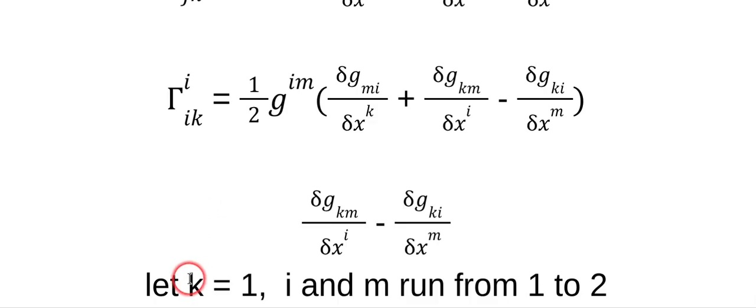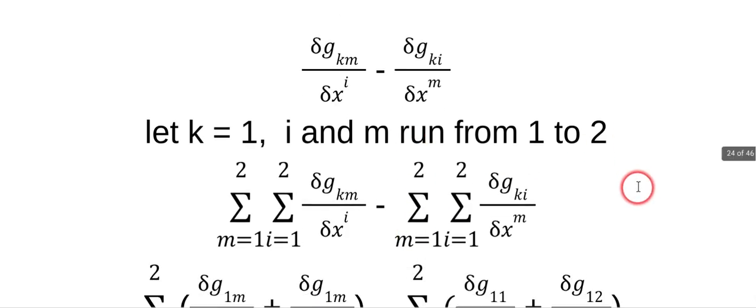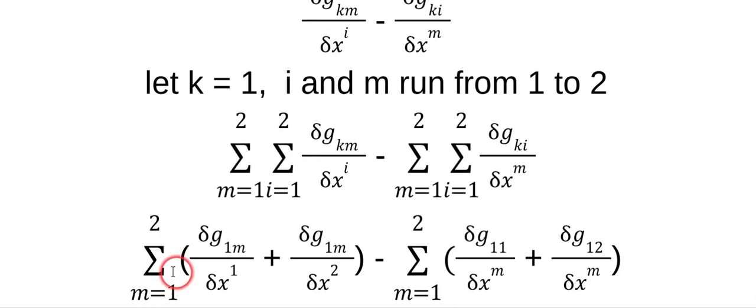Let k, which is our free index, equal 1, and we want i and m to run from 1 to 2, so we're just doing this in 2 dimensions. We're going to have a double sum that looks like this: we sum over i and then over m, minus the sum over i and over m. We'll sum over i first, so we put in our k, which is our free index. See it? 1, 1, 1, 1.